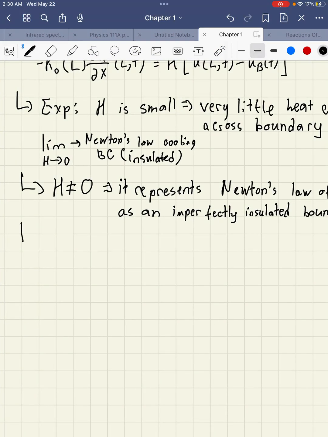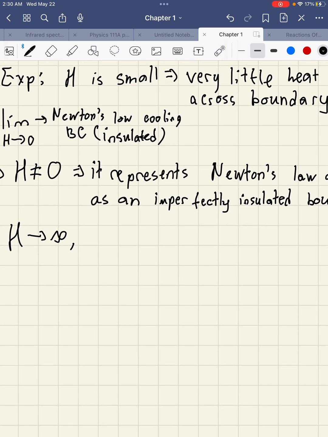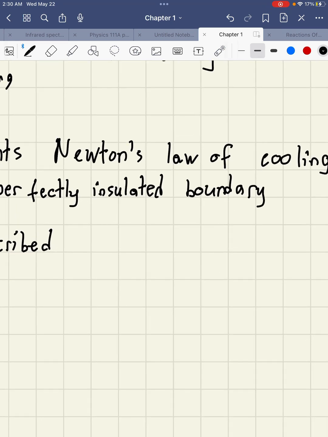And then if my H is extremely large, the boundary condition approaches the prescribed temperature.